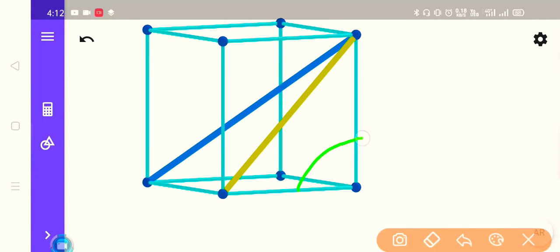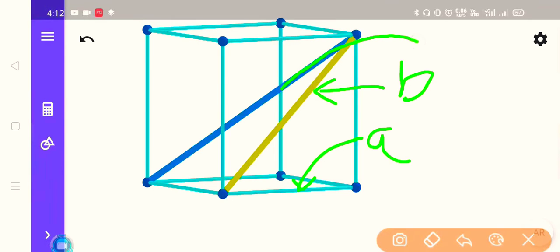Let us call our edge length A. That means the edge of the unit cell is equal to A. The diagonal line passing through the face of the unit cell, let us call it B. And the line passing through the whole unit cell, let us call it C. So A is our edge length, B is our face diagonal line, and C is our body diagonal line. Just remember, A is edge length, B is face diagonal, C is body diagonal.